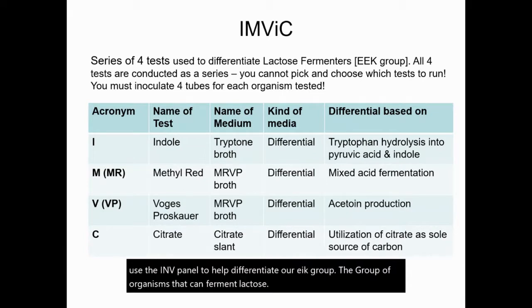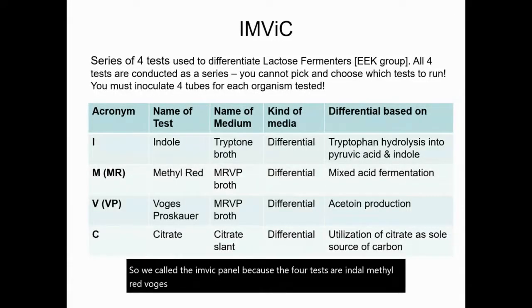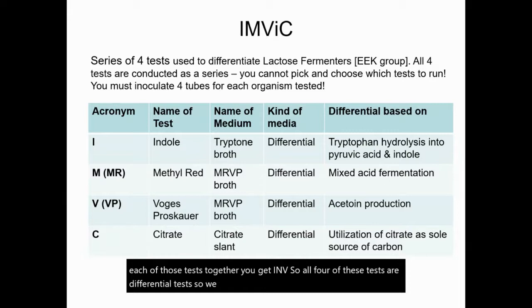We call this the IMViC panel because the four tests are Indole, Methyl Red, Voges Proskauer, and Citrate. So if you put the first letter of each of those tests together, you get IMViC. All four of these tests are differential tests, so we are looking to see if an organism can do a certain process or not.